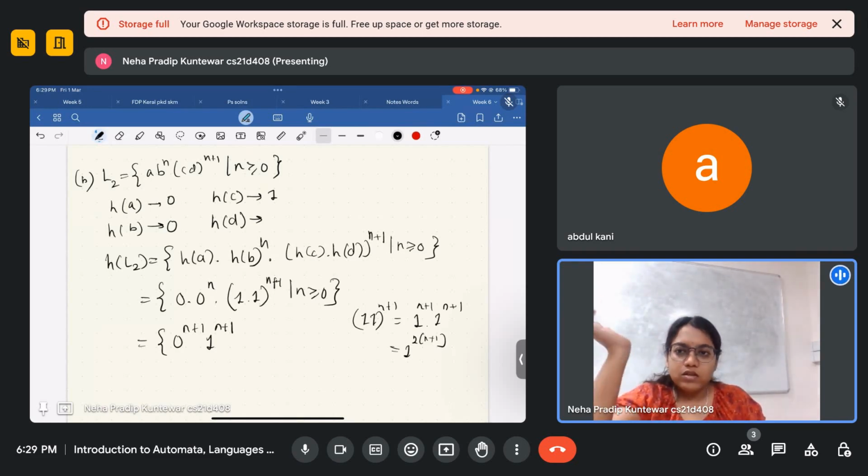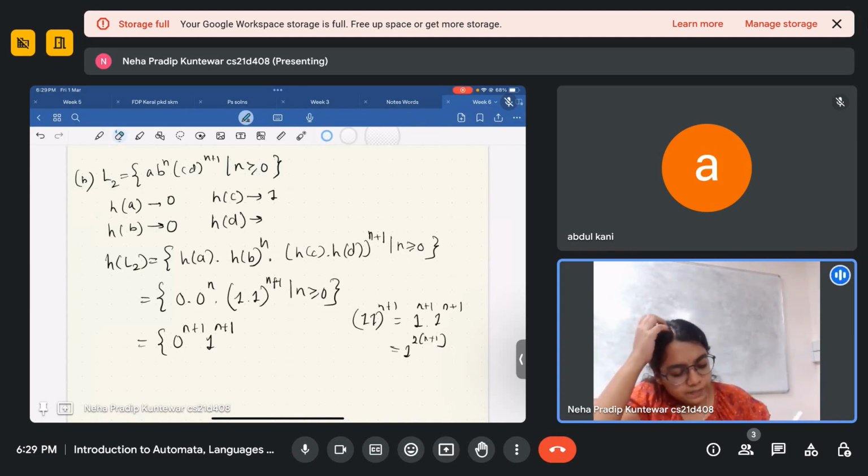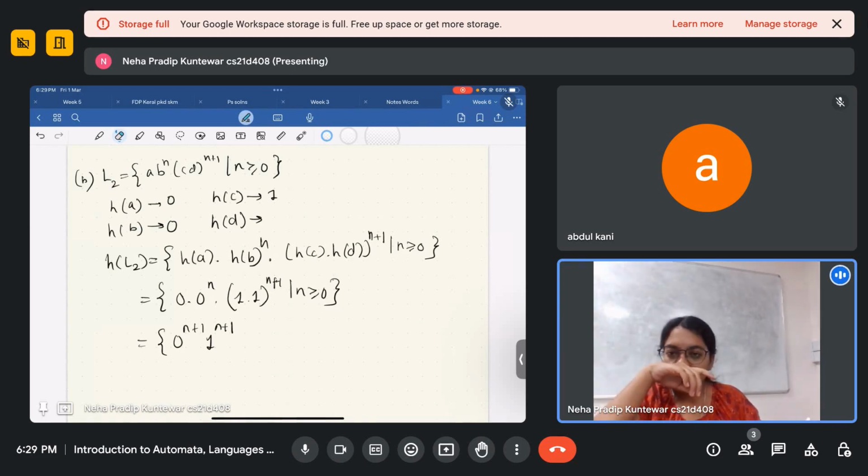So you can still work with that and still show the language is not regular. There's not much difference in the argument. But if I want to directly get to the language, I will simply replace d with epsilon. So what happens now?